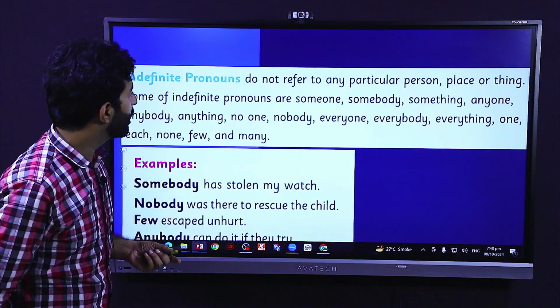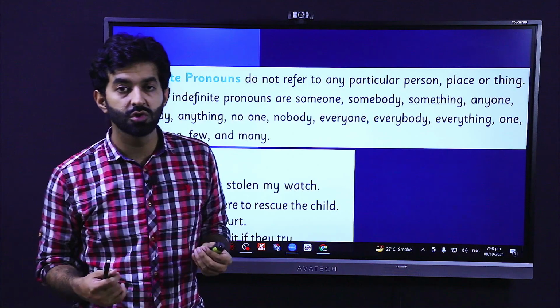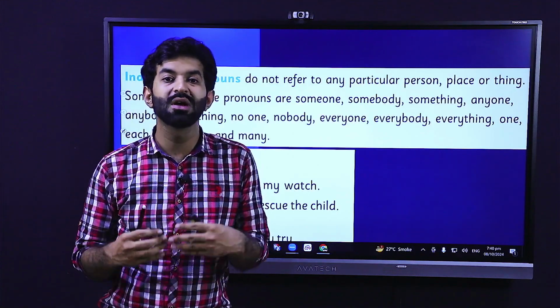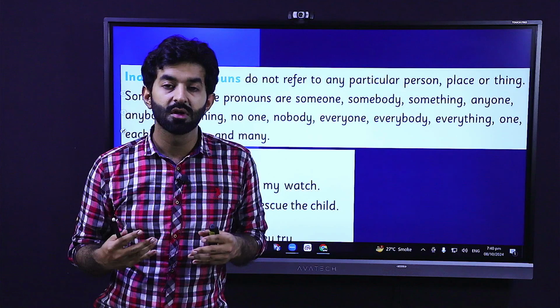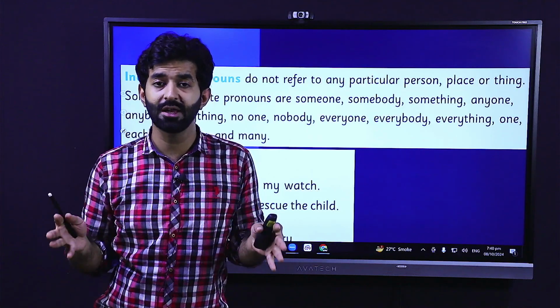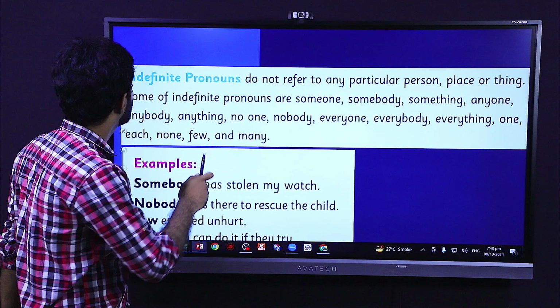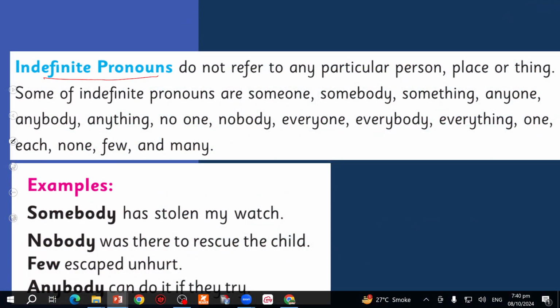Now, let's talk about indefinite pronouns. Students, when we are talking about the word indefinite, it means that we cannot define it. So, indefinite pronouns do not refer to any particular person, place, or thing.